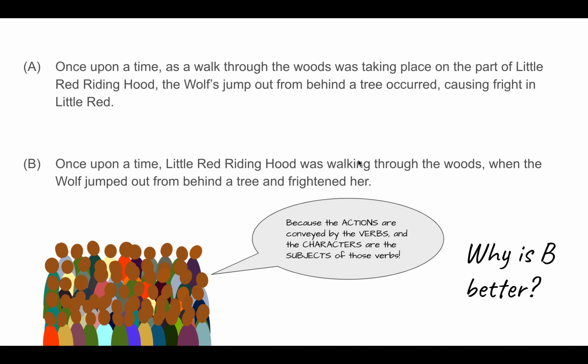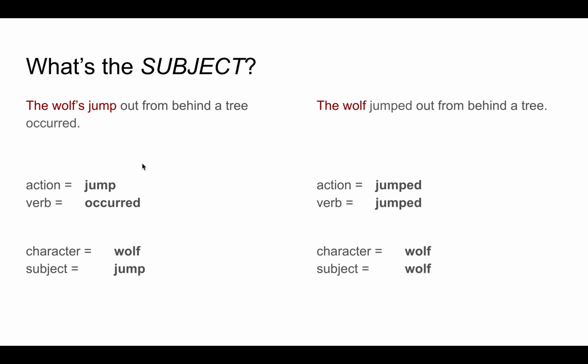In version B, the action is conveyed by the verb of the sentence. The action and the verb are the same thing. Similarly, the character who is performing the action is expressed as the subject of the sentence.